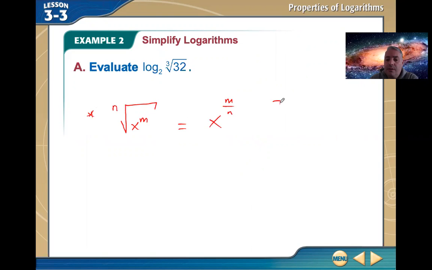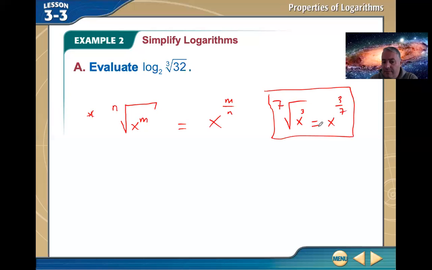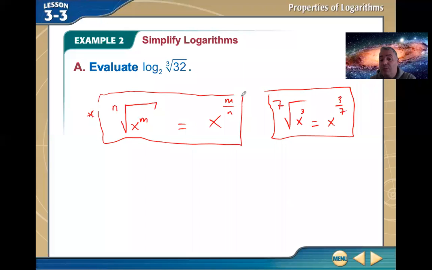Example. So how can I write this? 3 over 7. We all know this, right? If we know, I can continue. If not, let me try to explain. But this is the rule we have to memorize. Okay?